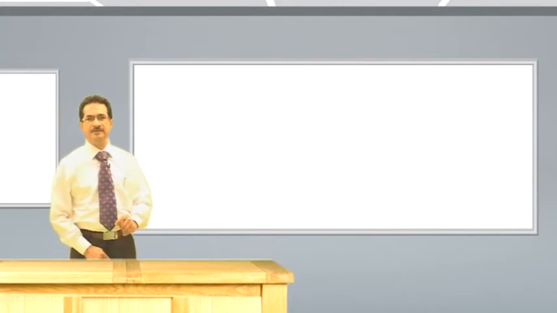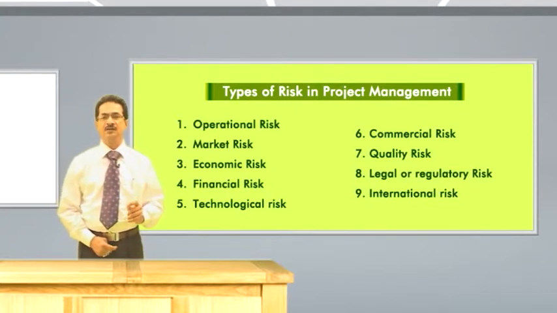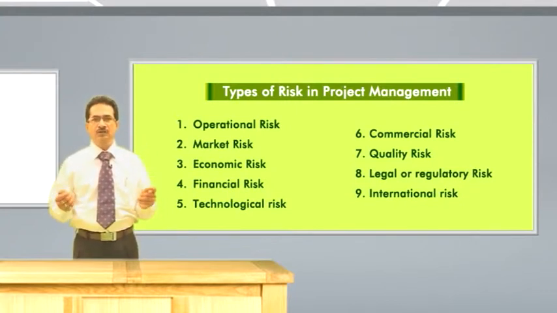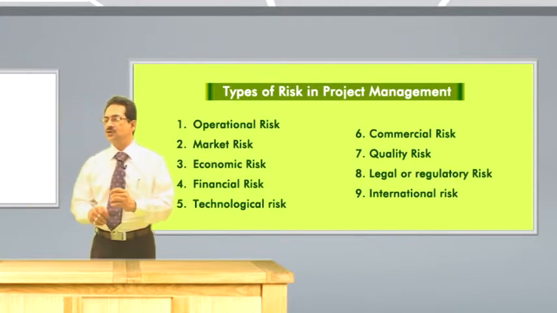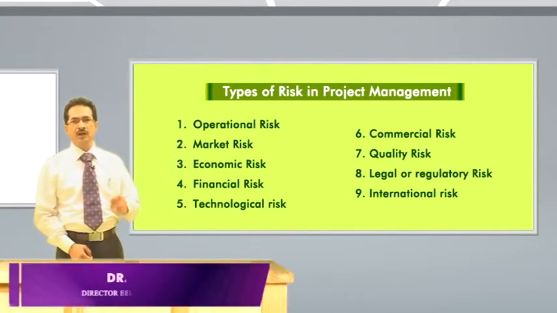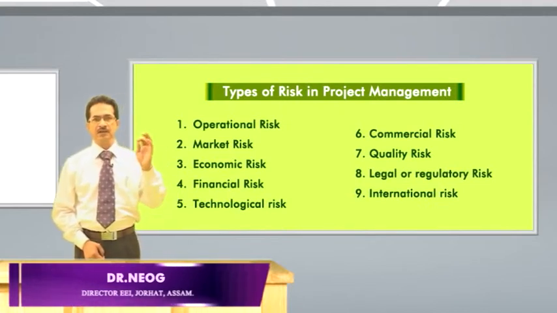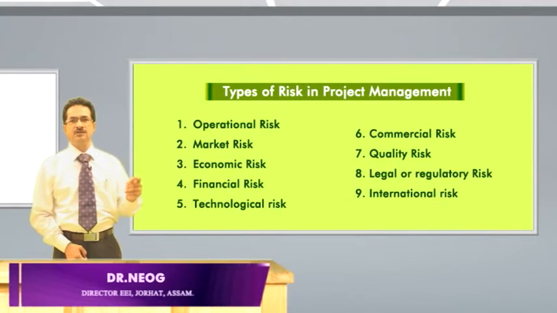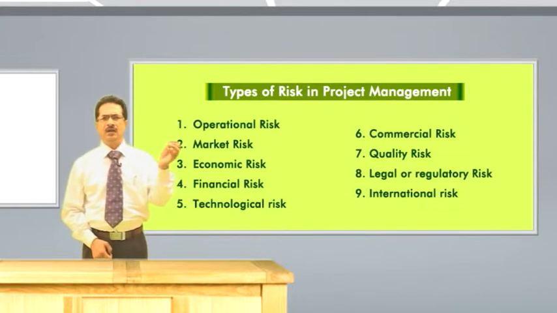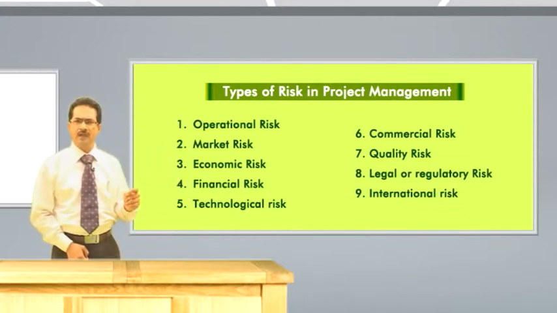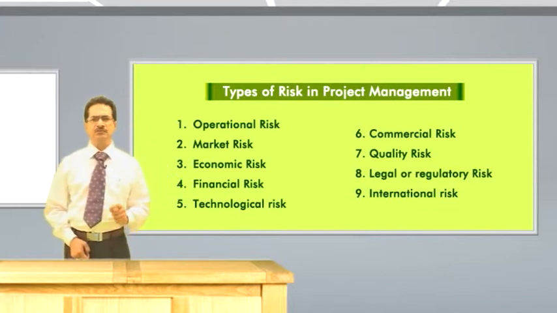Now we will learn different types of risks in project management, and there are several classifications of risks. However, we will discuss some of the most common types, and one of them is operational risks, which include breakdown of machines, variation in efficiency due to variation in supply or availability of raw materials, and also shortfall or excess in availability of service.